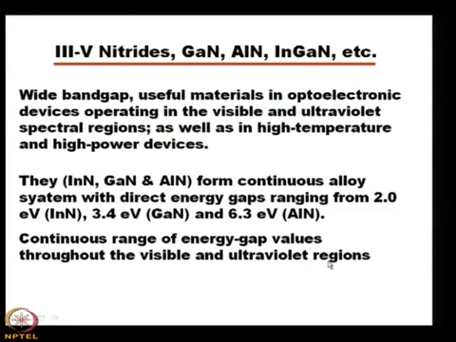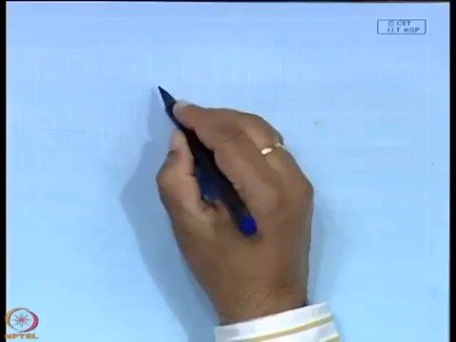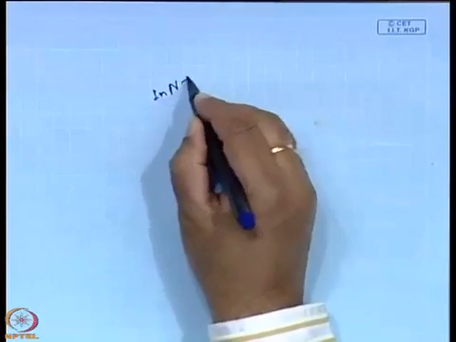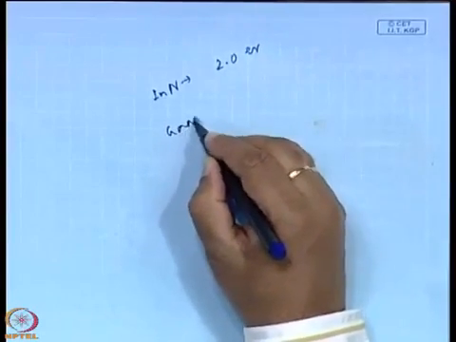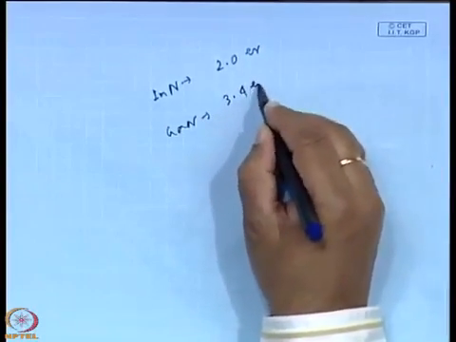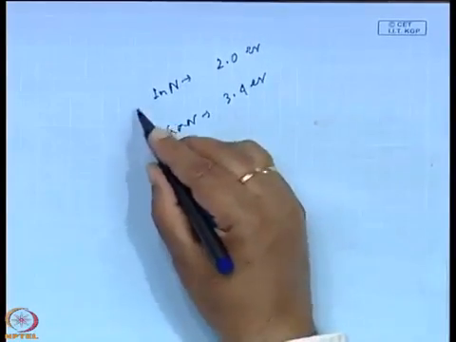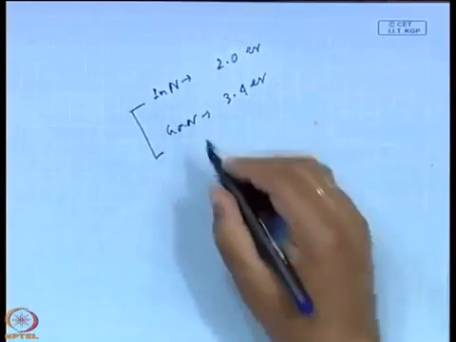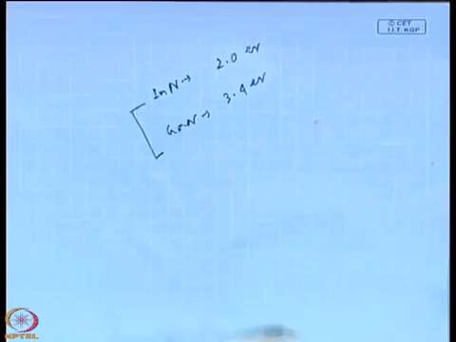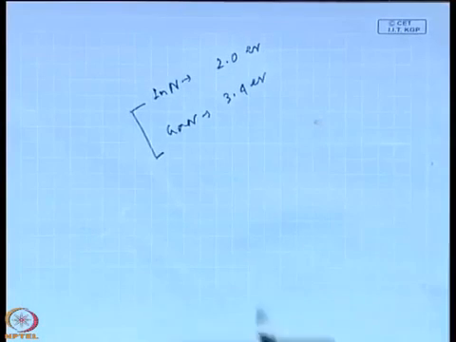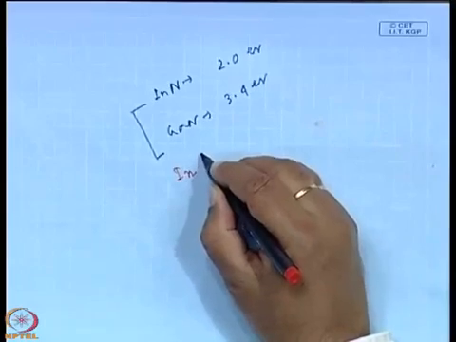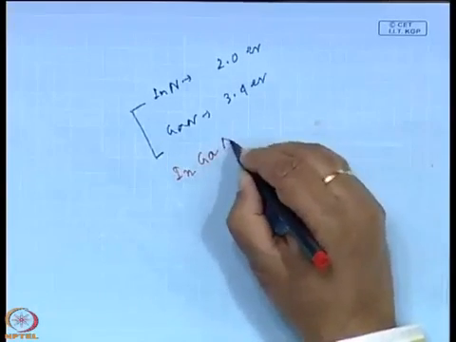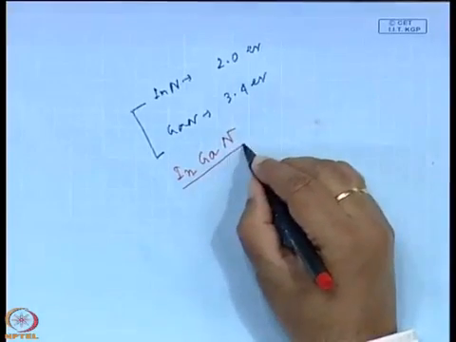So, let me discuss this point in detail. Suppose this is indium nitride, its band gap is 2 electron volt, and then gallium nitride is 3.4 electron volt. That means, if you make an alloy of these two binary materials, I can write it in this manner: indium gallium nitride.